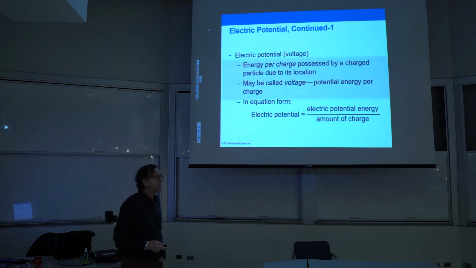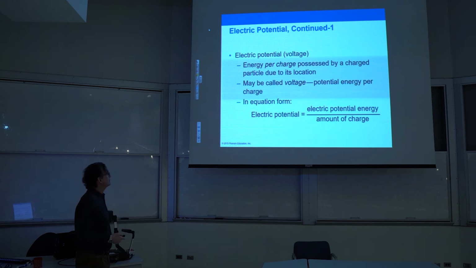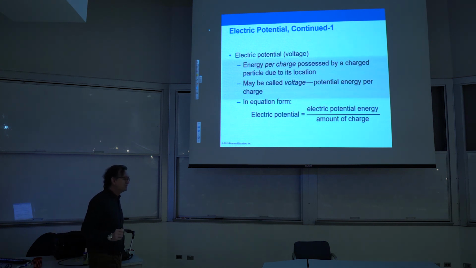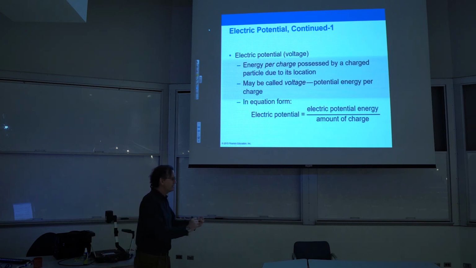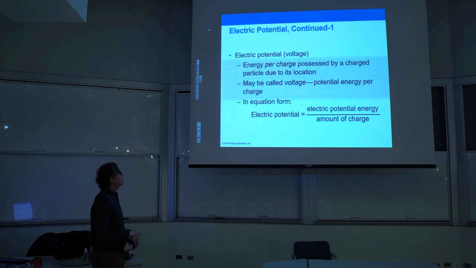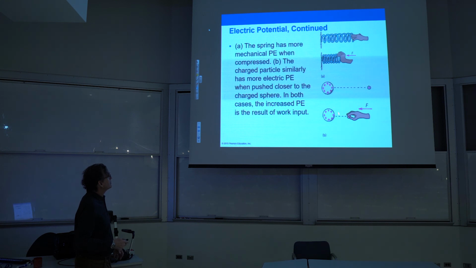It's a little bit abstract, and a little bit hard for me to describe in a more intuitive way, but the important point is that if I increase the potential energy by pushing the positive charge towards another positive charge, and divide that by the charge of the object I'm pushing, that would be called the voltage. And the voltage is strictly a property of the charge that is doing the work, which in this case is the large sphere here.